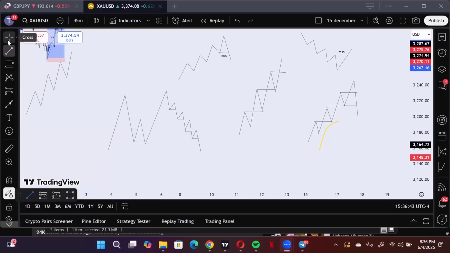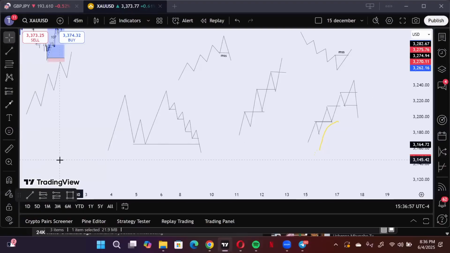But those are single breaks of structure. Now, when the market takes out two consecutive zones, that is taking out that low while also taking out a previously existing support or a previously existing low, then that is what you call a double breakout structure.